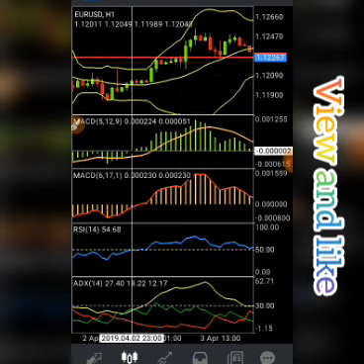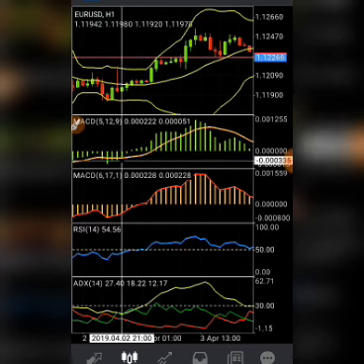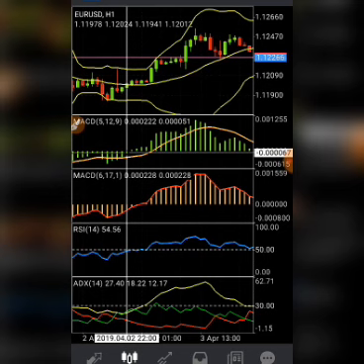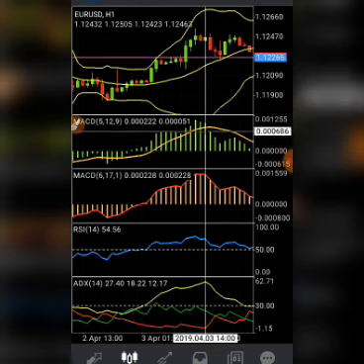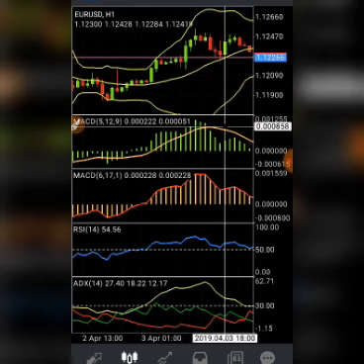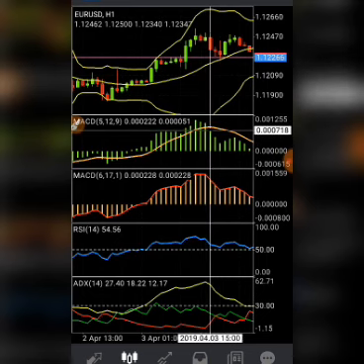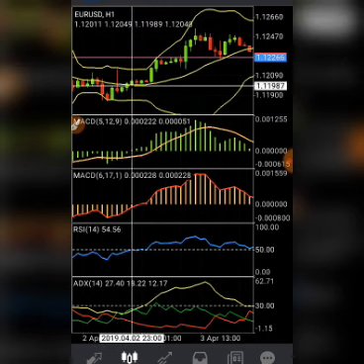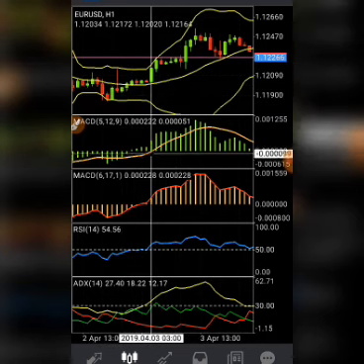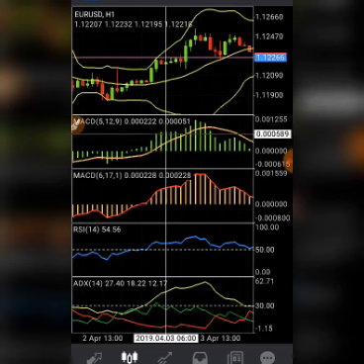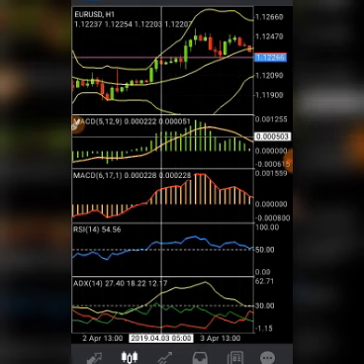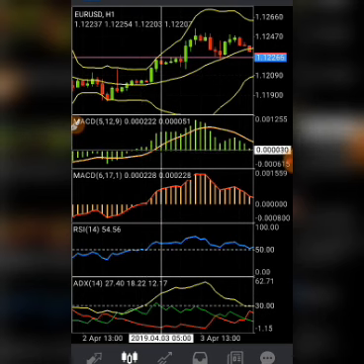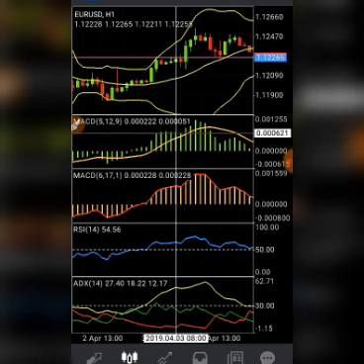Now you remember, when the histogram is above the signal line, it's a signal that we are entering a buy zone. When the histogram is below the signal line, it's a signal that we are entering a sell zone. So if we have taken a trade here, so long as the histogram, these green lines, is above this signal line, we want to hold our trade.